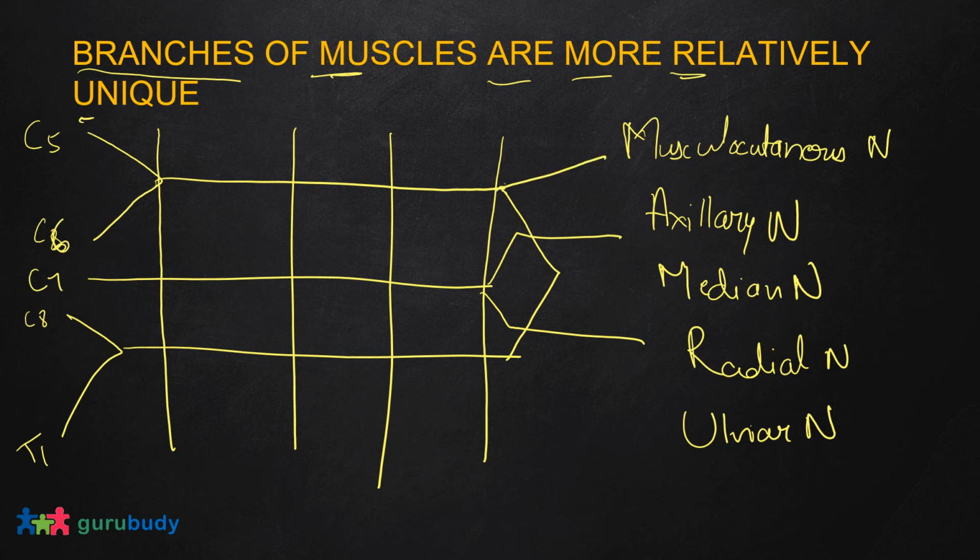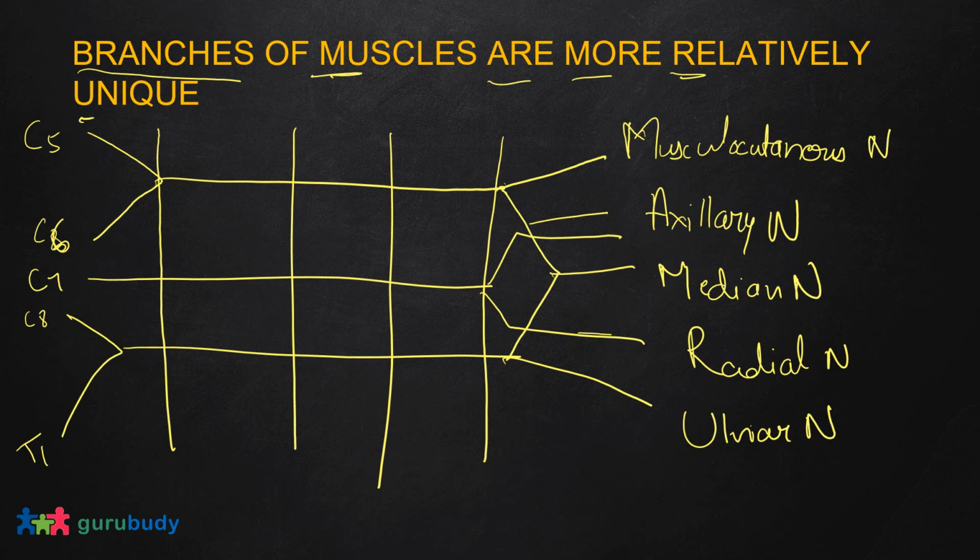So the musculocutaneous nerve is C5, C6, then the axillary nerve, then the median nerve. It arises from everywhere, and similarly the radial nerve and the ulnar nerve.